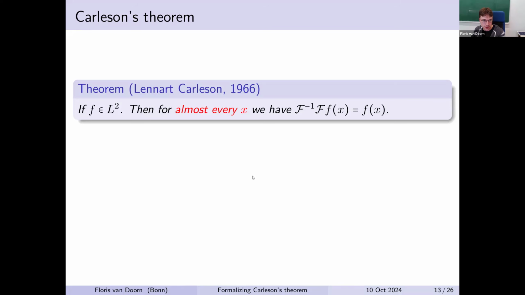But if your function is less smooth, if it's just continuous or just L2, then you don't get that for every point, but Carleson's theorem says you still get it for almost every point. So on a set of measure 0, it might still diverge, it might do crazy things, like the limit might not converge, or it might converge to a different value. But for almost every point, the inverse Fourier transform applied to the Fourier transform converges pointwise to your original function.